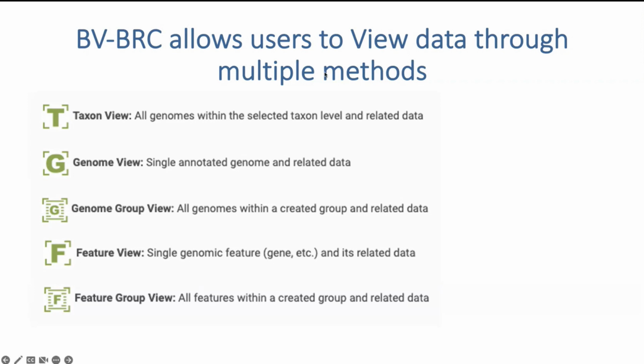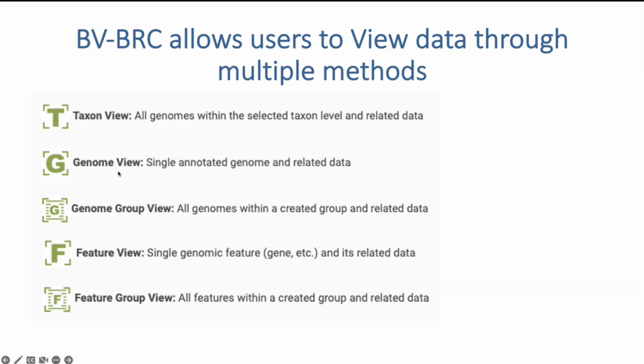So one of the main things that the BV-BRC does differently than IRD is that it allows users to view data through multiple different methods called views. So you'll have the Taxon View, for example, where all genomes related to a specific taxon level can be viewed. So let's say everything underneath the Orthomyxoviridae family.